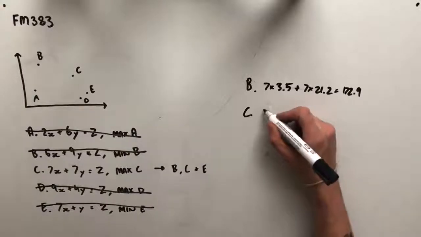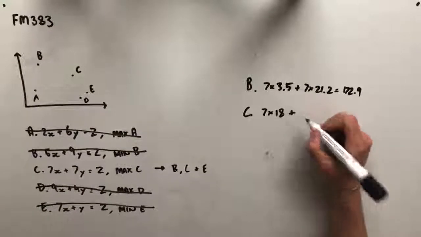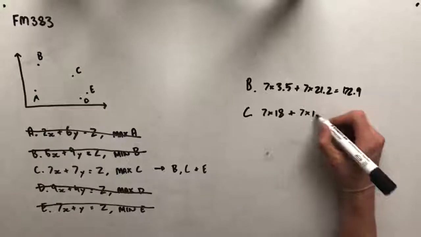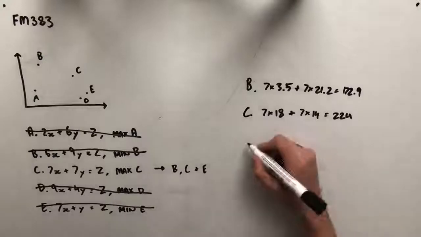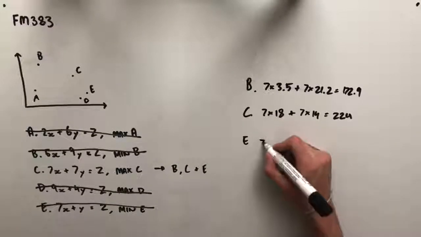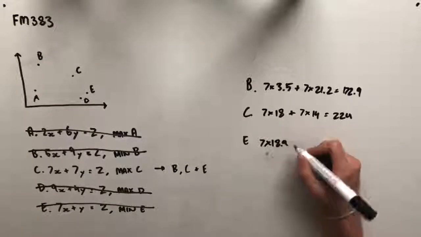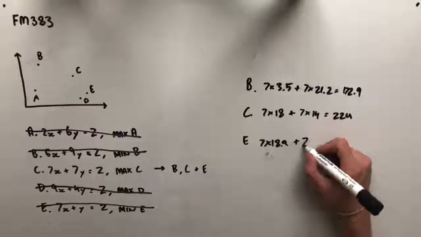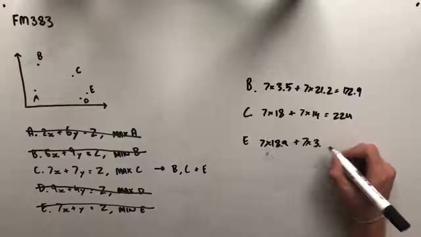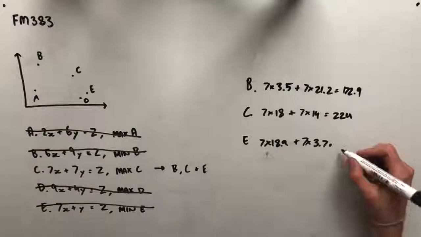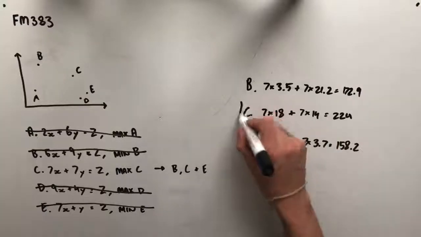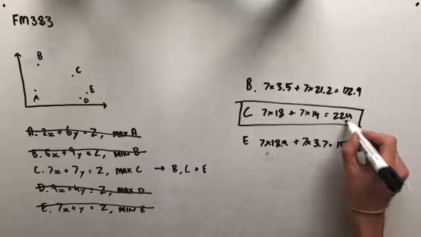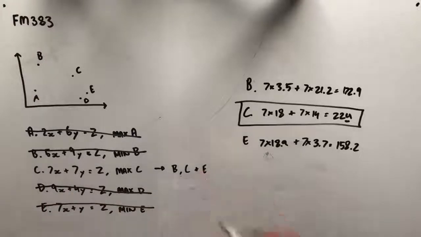C would be 7 times 18 plus 7 times 14, which should be equal to 224. And E should be 7 times 18.9 plus 7 times 3.7, which will be equal to 158.2. So looking here, we can see that C is going to have our maximum value, which means this statement is true, and C is your correct answer.